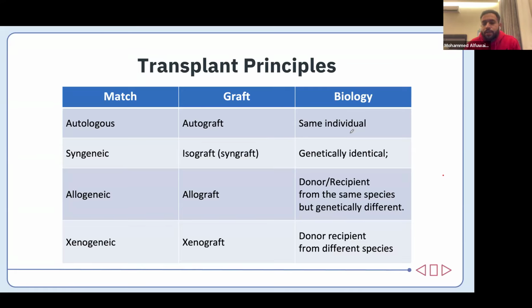The type of transplant depends on the type of graft that we use. The graft is the tissue, basically. We call it an autograft if it's coming from the same individual. Let's say patient A is donating to patient A, to himself. We use this not in kidney transplant, obviously, but in hematopoietic stem cell transplant, in bone marrow.